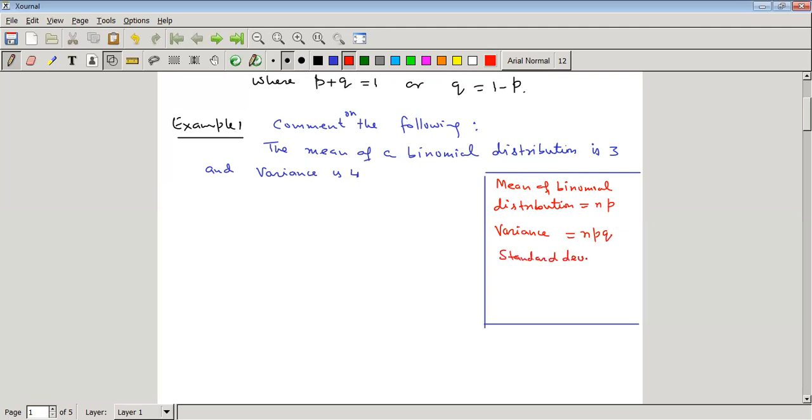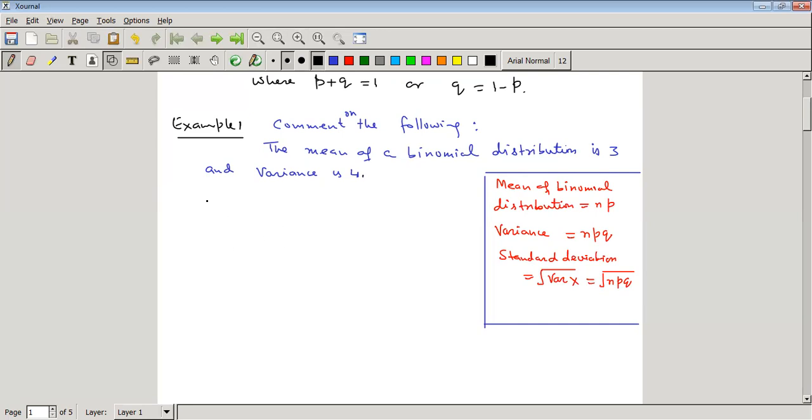Standard deviation is equal to the square root of variance of x, that is the square root of npq. So these are the mean, variance, and standard deviation of binomial distribution. So we have to check whether the given condition is true or not. The mean of binomial distribution is 3 and variance is 4.